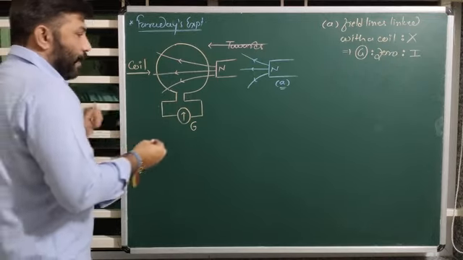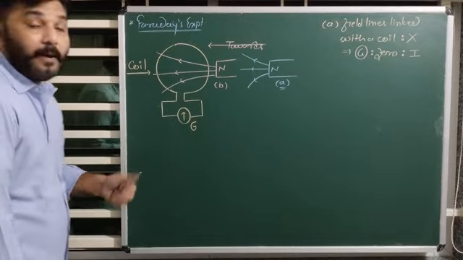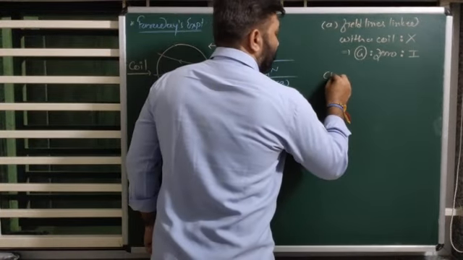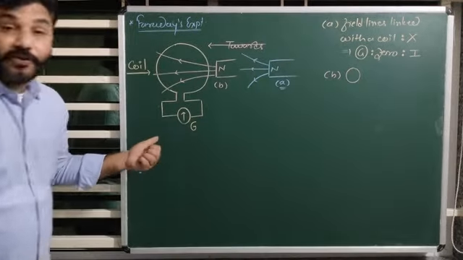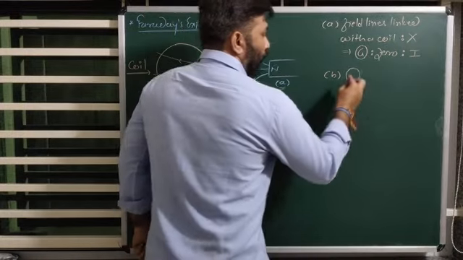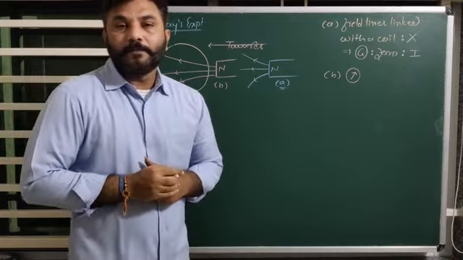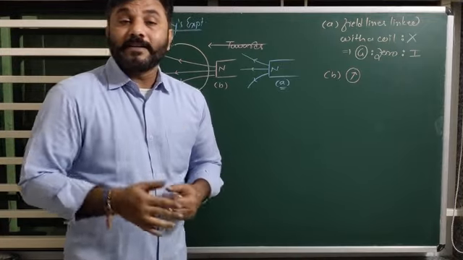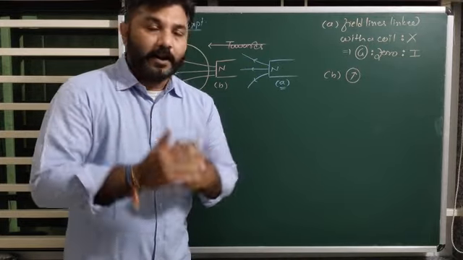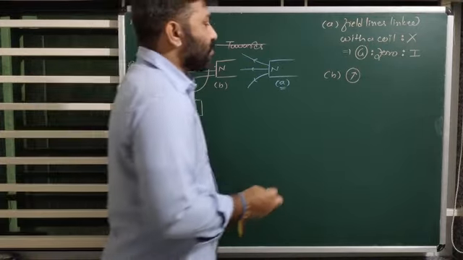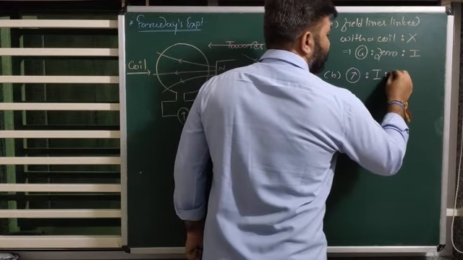At this moment, at the moment B, the galvanometer which showed zero deflection previously now shows deflection in any one direction. What about the direction of electric current produced? That we will see later on. So the galvanometer shows deflection. It means electric current is induced in a coil.